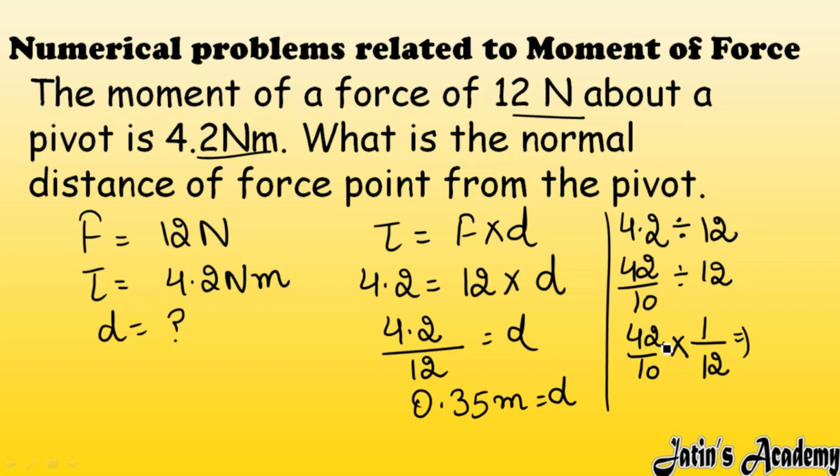Then just cut it. This way we cut on 2 table, so it will be 21 here and 6 here. Next we can cut on 3 table, so it will be 2 and 7. So here we have 7 divided by 2, 3.5 by 10. When you solve 3.5 by 10, by shifting the point you will get 0.35. So distance is nothing but 0.35 meter.